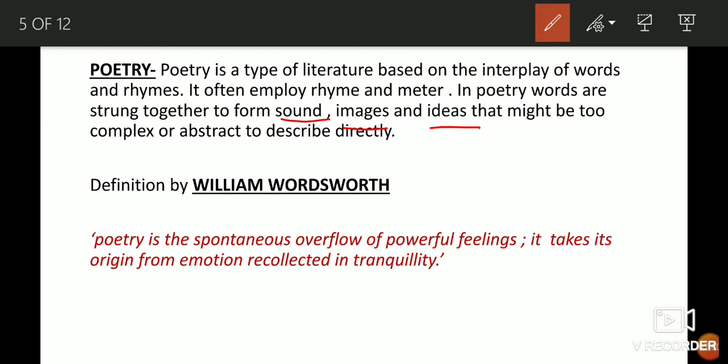Okay, means in poetry, the poet describes his or her thought or idea through a set of rules and regulations. And what are the rules and regulations? Some selected sounds, images, ideas, etc.